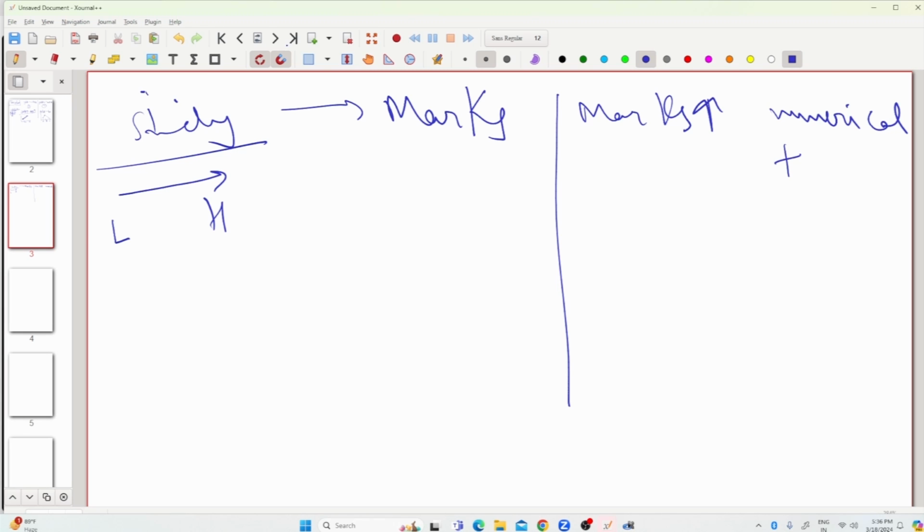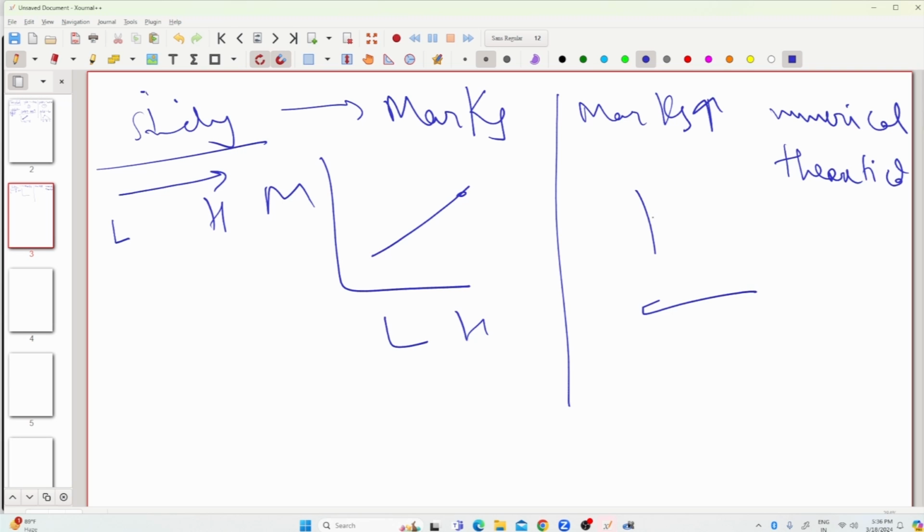Which means marks, if you have low and high, is like this, and marks if you have numerical and theoretical, you have like this.